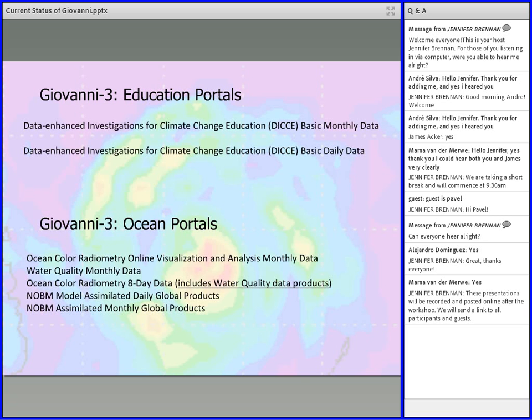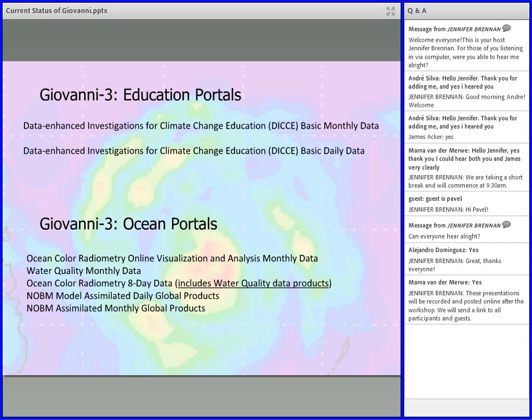An ongoing project that I've been a co-investigator on is the Data Enhanced Investigations for Climate Change Education, which we call DICE. And we have monthly data and daily data. DICE was designed to do something that Giovanni 4 does, which was to put data products in one place.